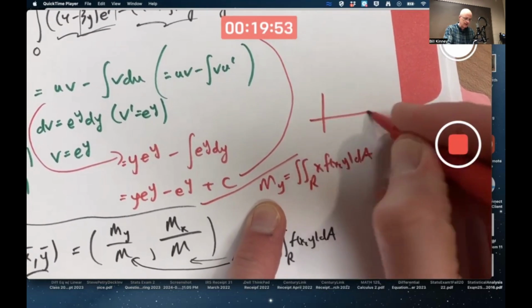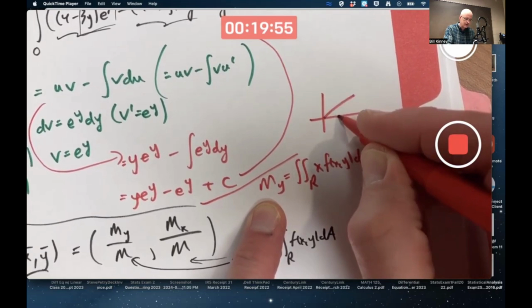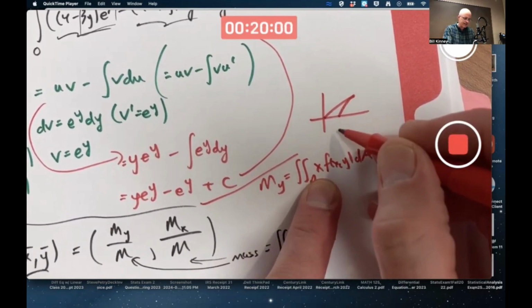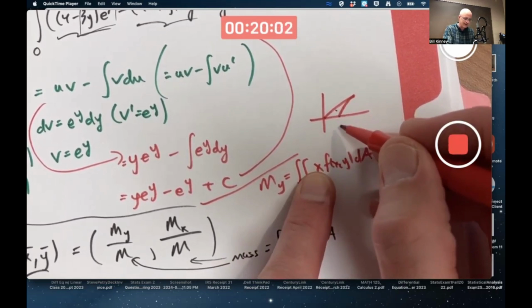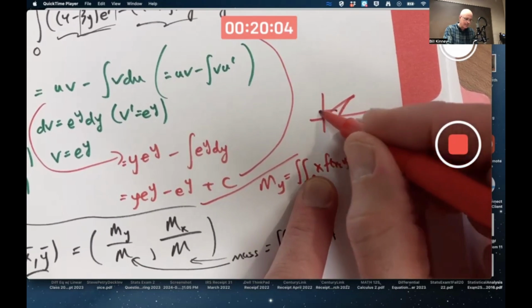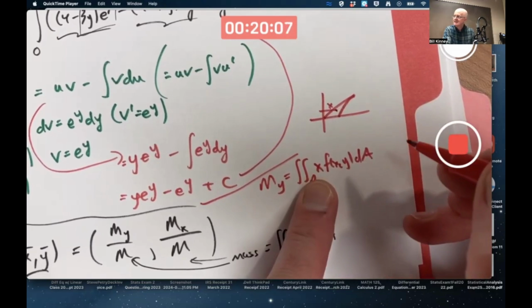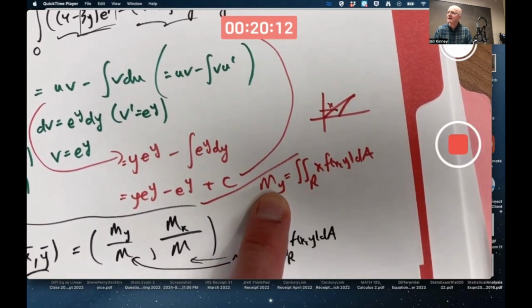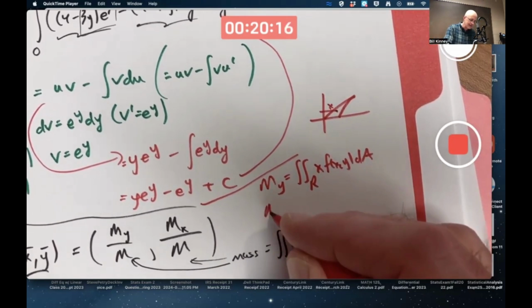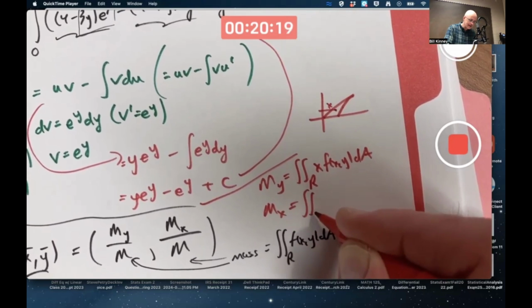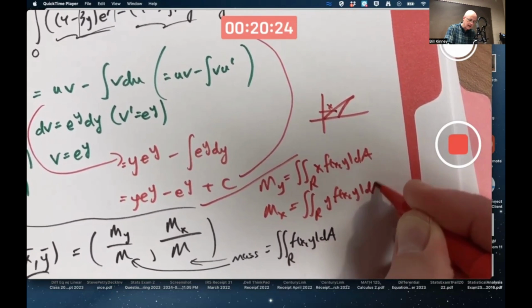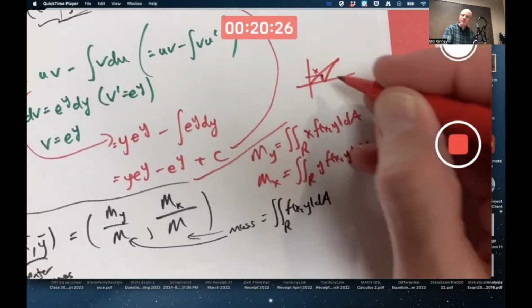Think about a little picture here. Well, we can redraw the region. When you're thinking about multiplying X times f of x, y, you are measuring horizontal distances to the Y-axis. A moment about the Y-axis. That's why using a subscript of Y is what you do. And the M sub X is the double integral of Y times f of x, y, because you're measuring a distance from the x-axis.